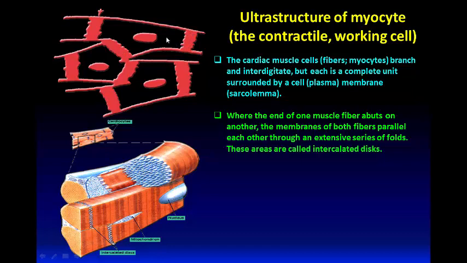Where the end of one cardiac muscle cell abuts on another cardiac muscle cell, so this is one cardiac muscle cell abutting on another cardiac muscle cell, the membranes of both fibers parallel each other through an extensive series of folds, and these areas where we have the extensive series of folds are known as the intercalated discs.